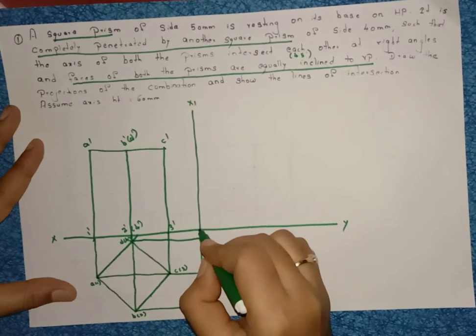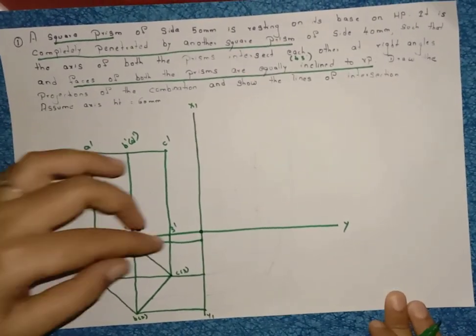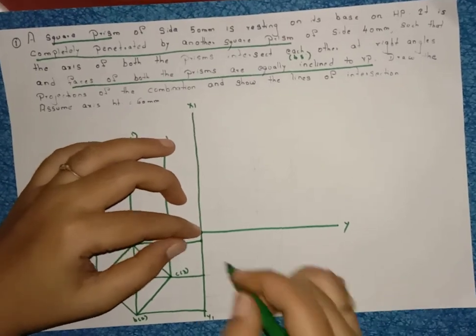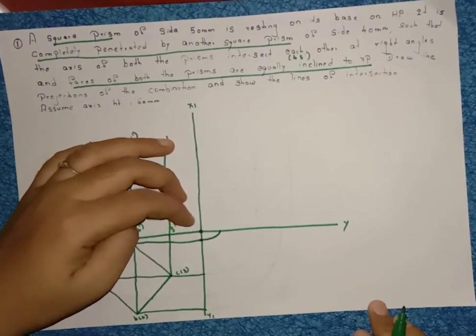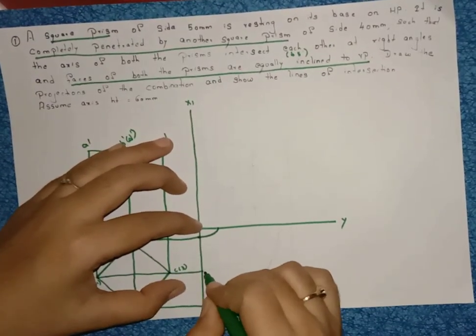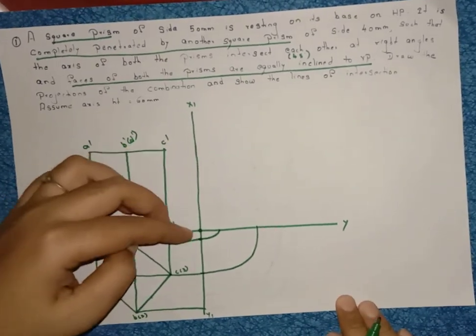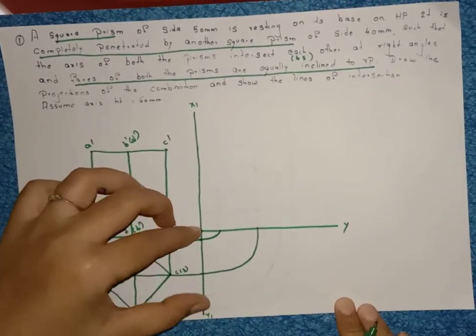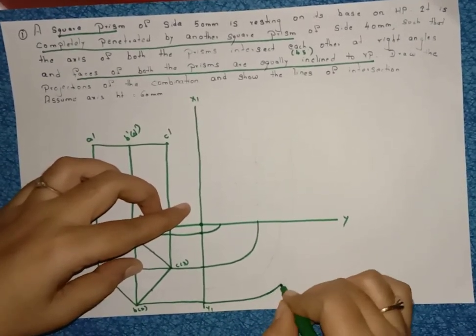Now see, this is the intersection point of the two reference lines. Keep your compass there, take this distance, and draw an arc. Then again keep your compass here only, take this distance, and draw an arc. Again, keeping your compass here, take this distance and draw an arc till here.